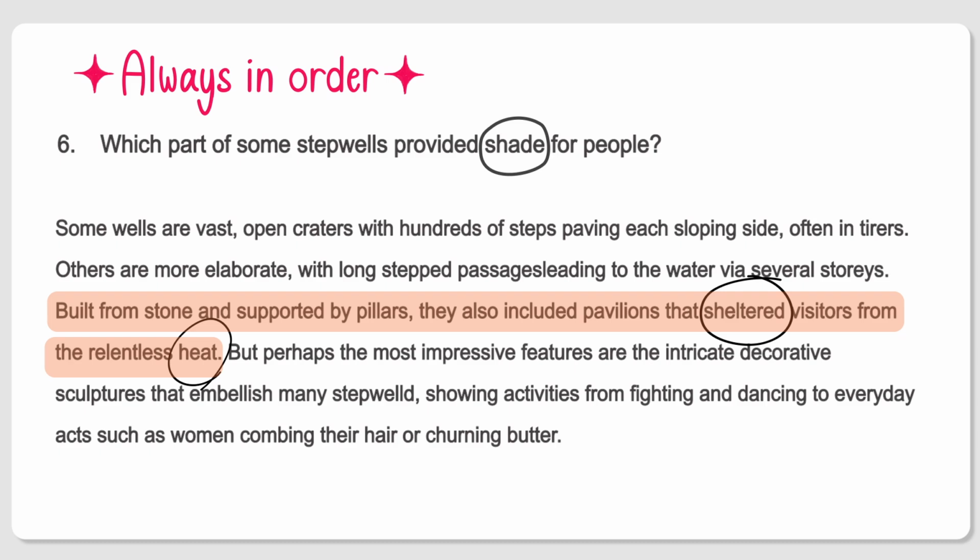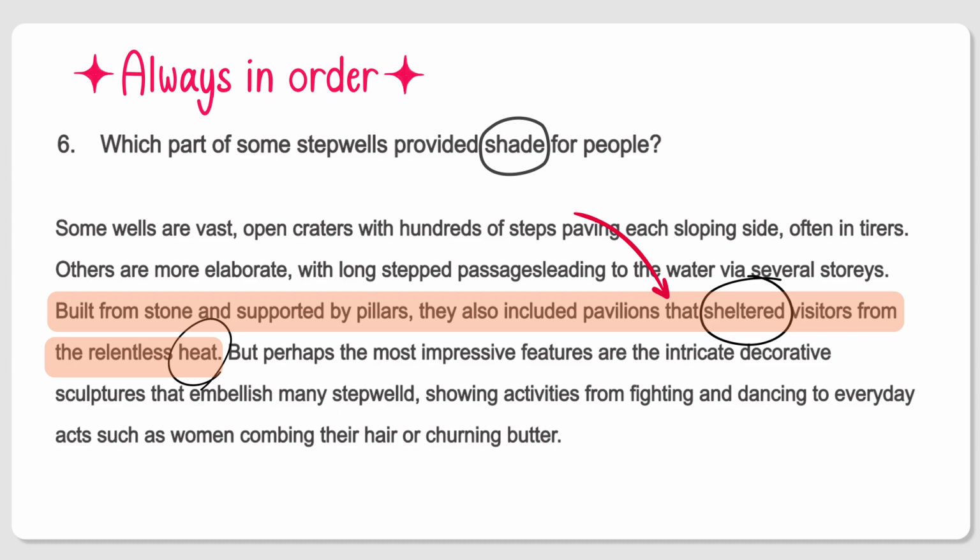We have to read the question again. Which part of some stepwells provided shade for people? Now we read the sentence again. Built from stone and supported by pillars, they also included pavilions that sheltered.